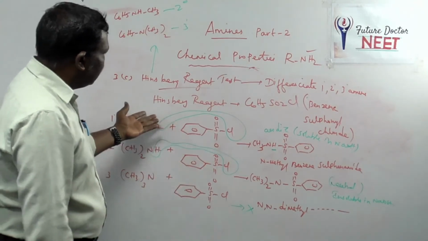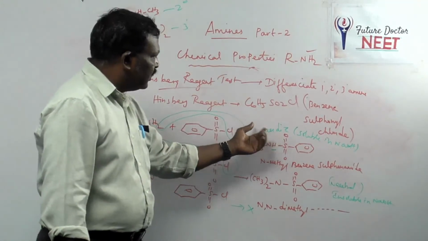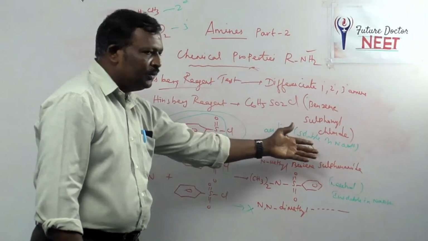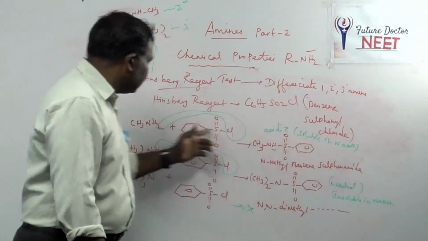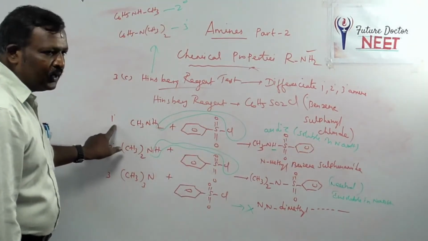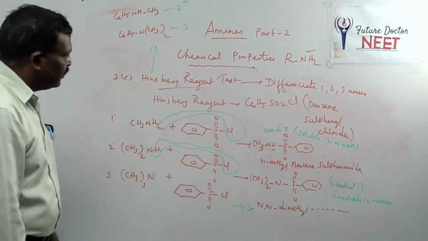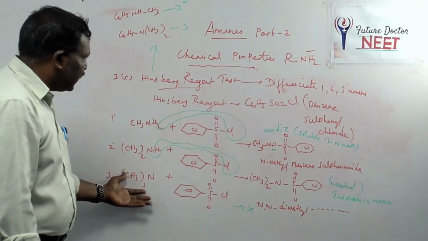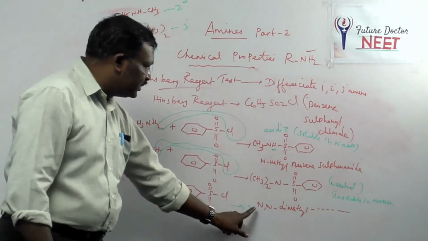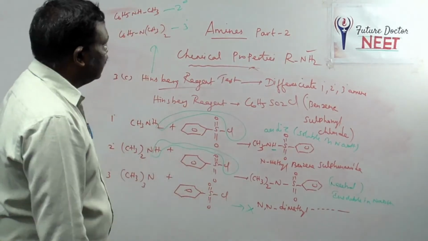Sometimes they'll ask which amine produces an acidic compound which is soluble in NaOH. Only primary amine. Which kind of amine does not react with Hinsberg reagent? Tertiary amines. Write everything.